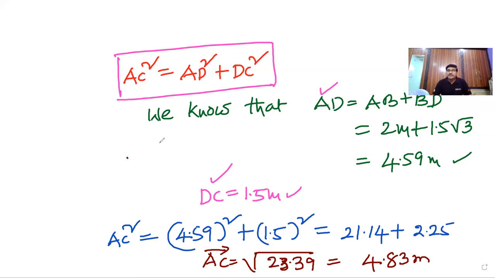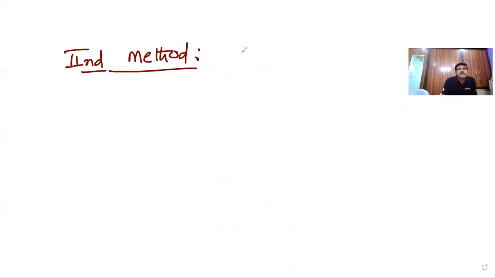This is a simple method by using geometry of the figure. Okay, so let us solve the same question by means of vectors. Same question, second method, by using vectors.